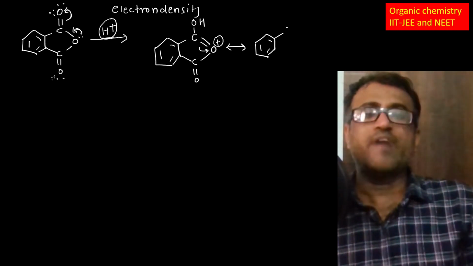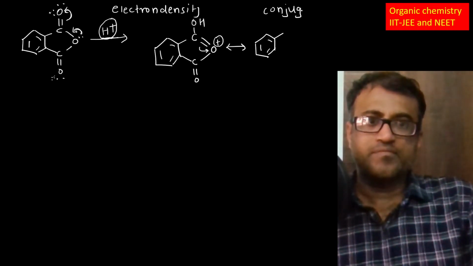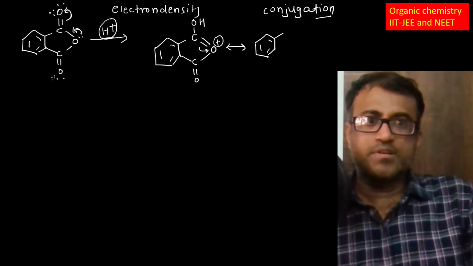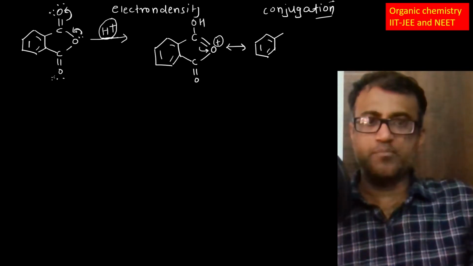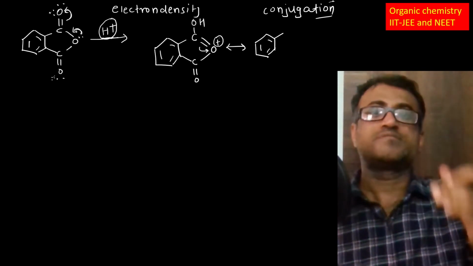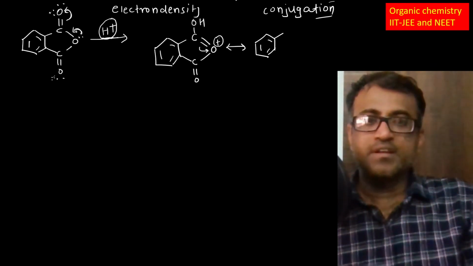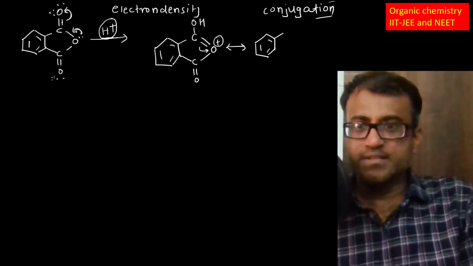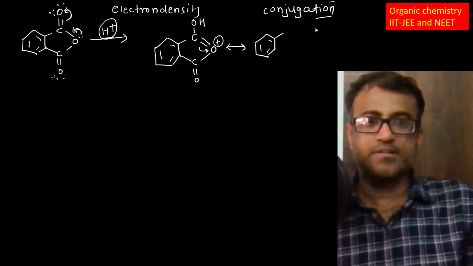See, wherever you find conjugation in between lone pair, sigma bond and pi bond, or lone pair, sigma bond and lone pair, resonance will take place. Here conjugation is there, this is the double bond, sigma bond and lone pair.